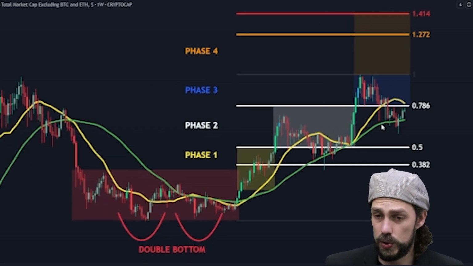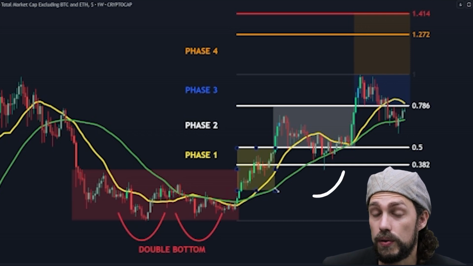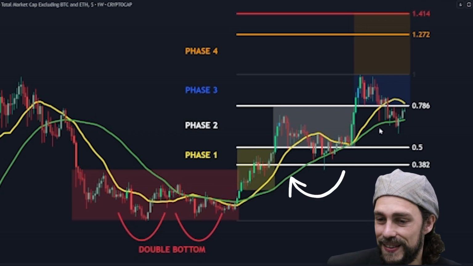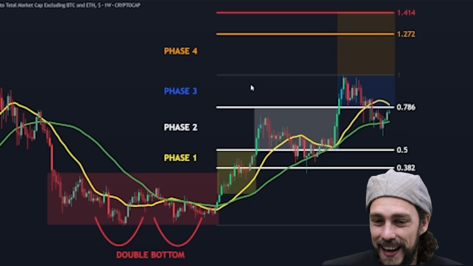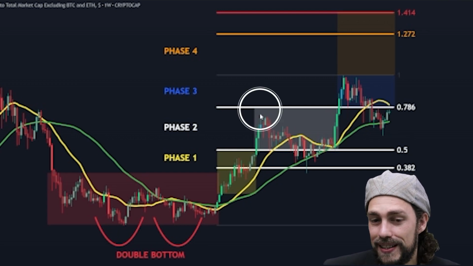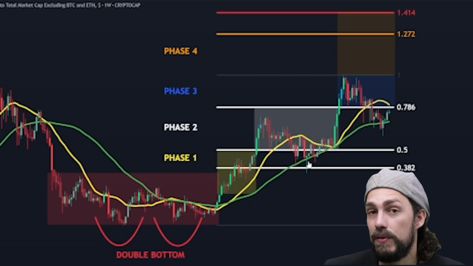Something important for me is the 50 SMA on the weekly for the TOTAL3. This is the green line over here. The pattern that I'm talking about is a pullback from a phase into a previous phase market structure on top of the 50 SMA.